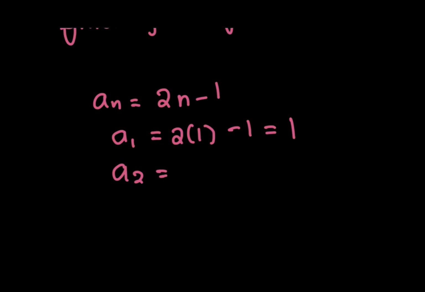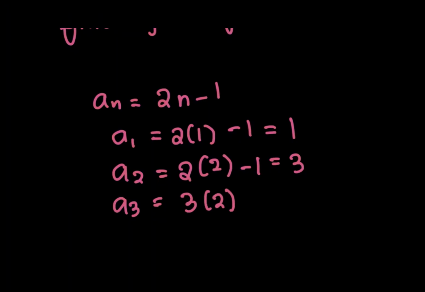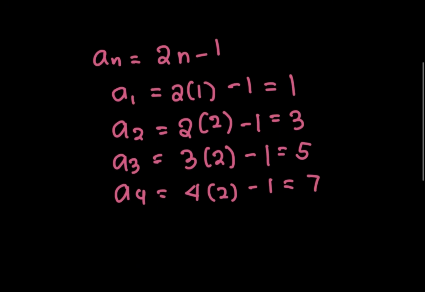A sub 2, we have 2 times 2, that is 4, minus 1, it is 3. For the third term, we have a sub 3, so 3 times 2, this is 6 minus 1, so we have 5. And we follow that logic, we have a sub 4, and this is 9.